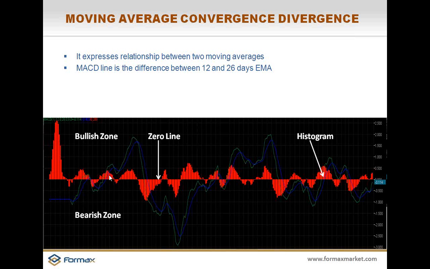This red area, which you can see as a kind of bar diagram or histogram, is another indication which you can use in MACD, because it moves along with the MACD line. You can see that when our MACD line started going down and breached this signal line, at the same point in time the MACD histogram also came into the bearish zone. So that's all the basics of the MACD.